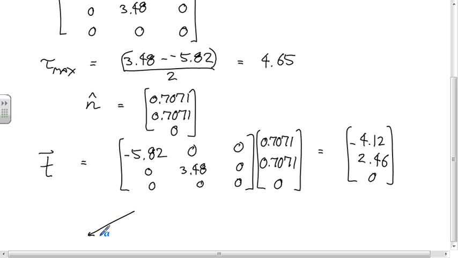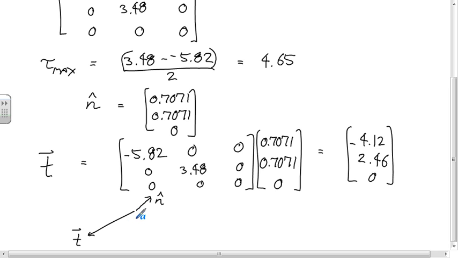Okay, this is our traction vector. And our normal vector is this way. And we want to subtract off the component of this traction that's parallel to the normal, because what'll be left then is the shear.